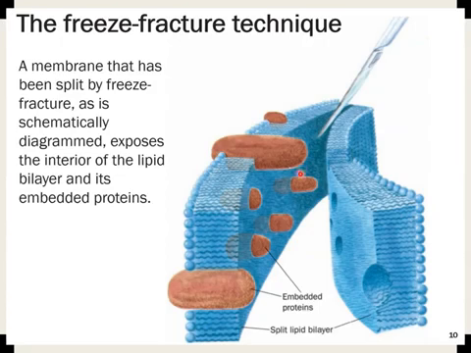This schematic representation shows that if it is cut in half, the interior of the bilayer is exposed, and you can see the embedded proteins and other structures in that membrane. So the microtome knife will cut it in half, and now we move to the next procedure to study these structures and to confirm that these lipid bilayers actually exist.